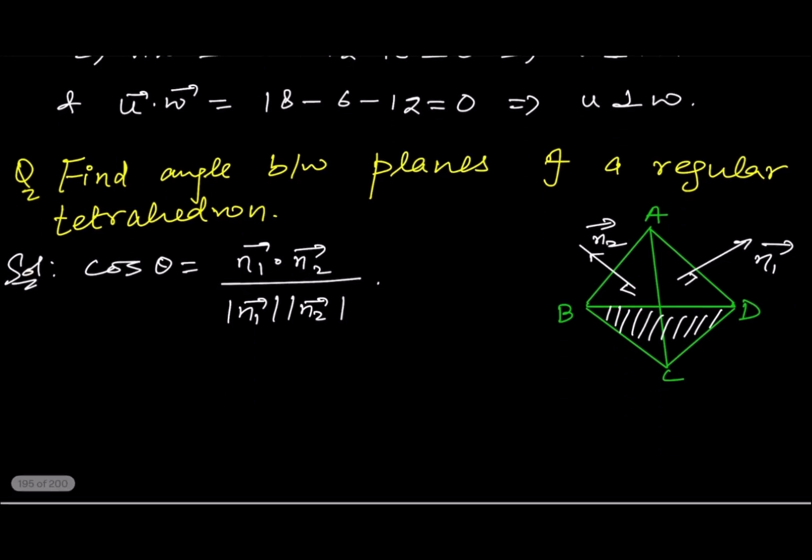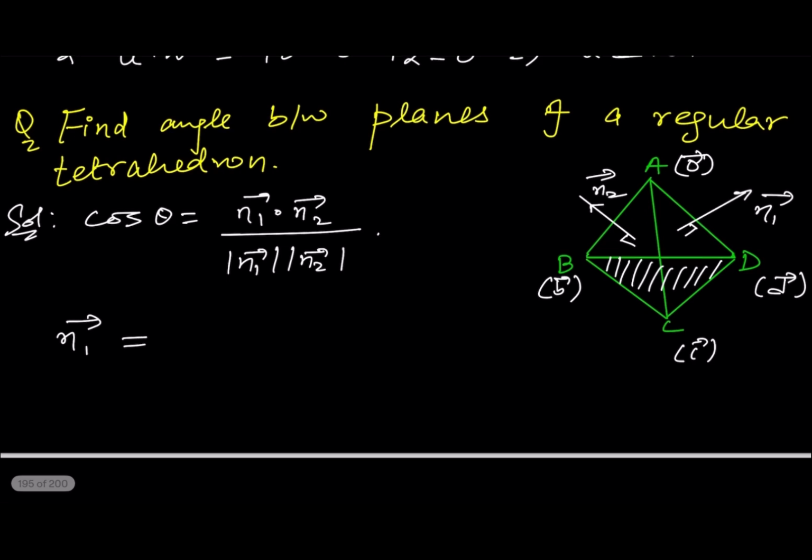And n1 is a perpendicular vector to the plane ADC, right? Also, I am taking position vectors of the vertices as null vector, b vector, c vector, and d vector, right? Now, n1 vector is c vector cross d vector, right? And n2 vector is, sorry, b vector cross c vector.